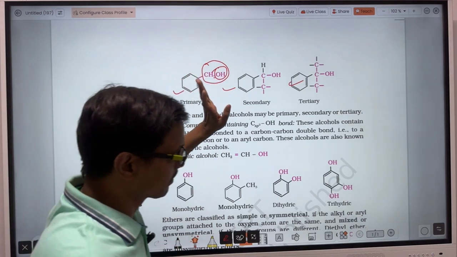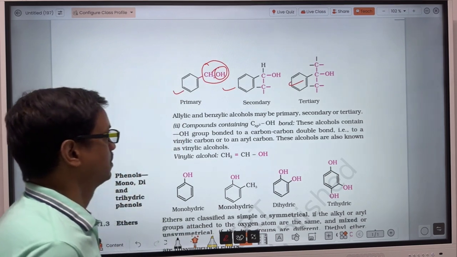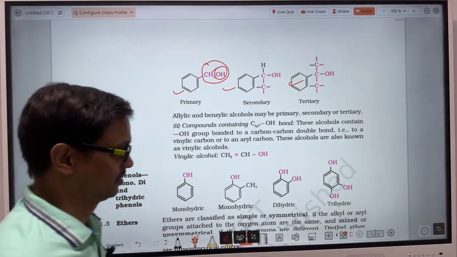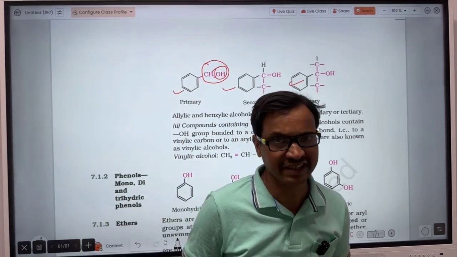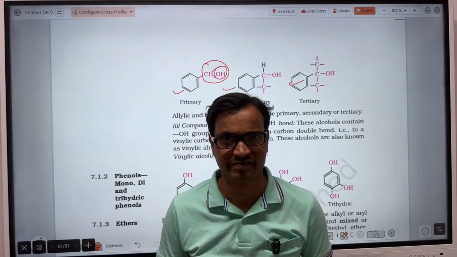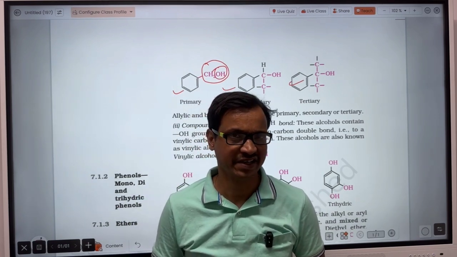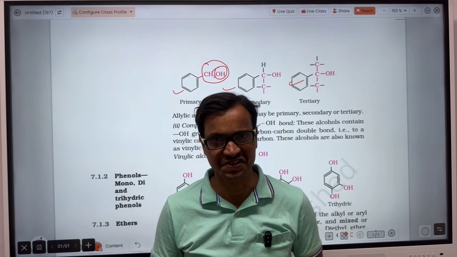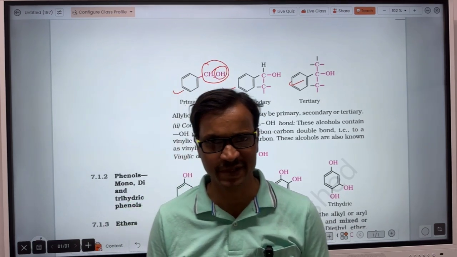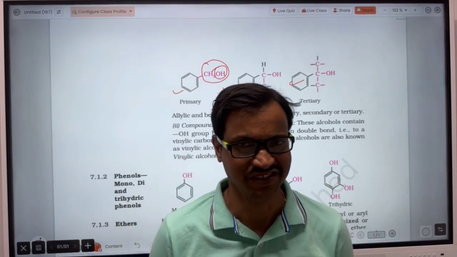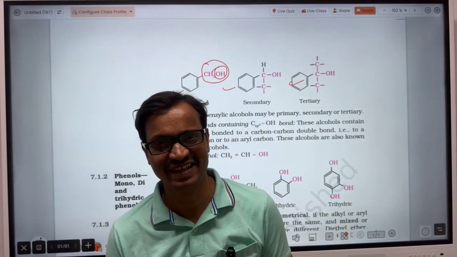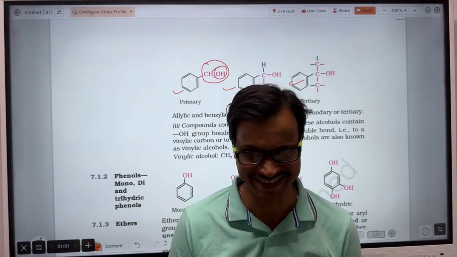It is bonded to the carbon atom which is bonded to the benzene. Then that will be called benzylic alcohol, and that may be primary, secondary or tertiary.